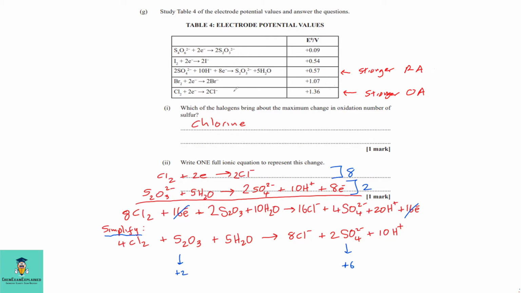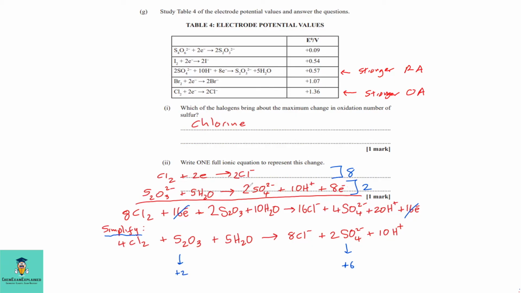So what we do is we keep the Cl2 with the electrons on the left-hand side, but for this equation, we must flip it. Now, when we flip it, we'll get electrons on the right-hand side, suggesting oxidation. So reduction is taking place in this one, and oxidation is now taking place in this one.